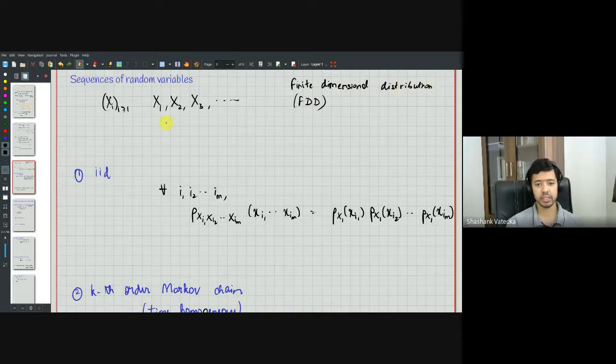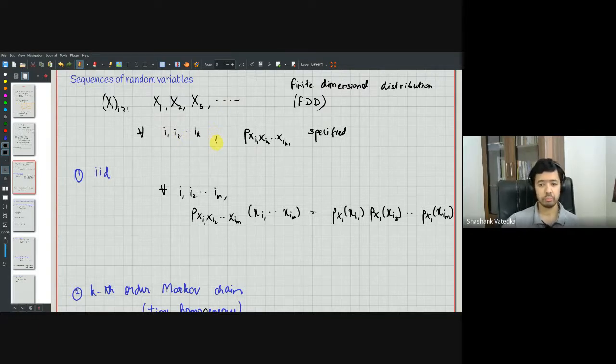Which basically says that for every subset of random variables, i1 to ik, the joint distribution P of x_i1, x_i2, up to x_ik needs to be specified for all subsets i1, i2, up to ik.